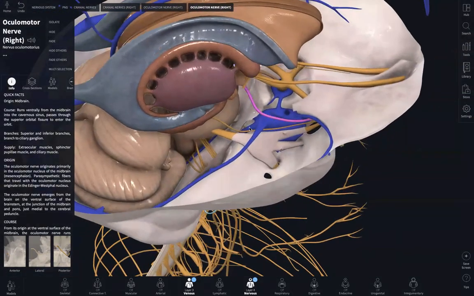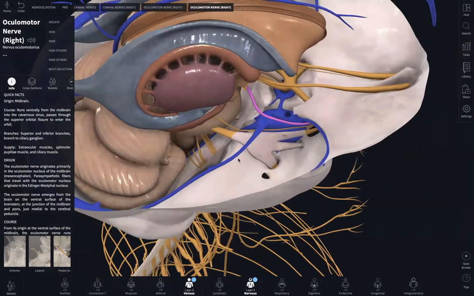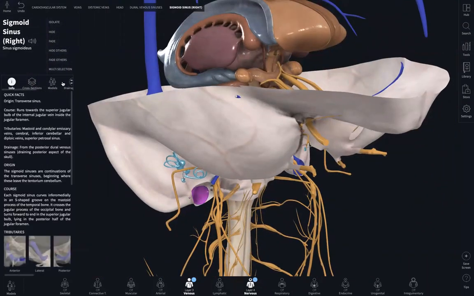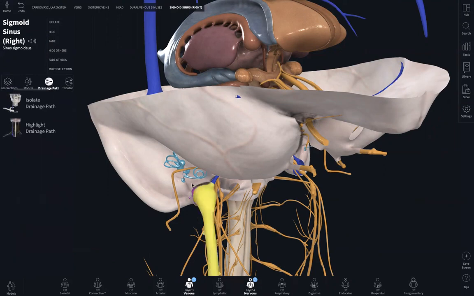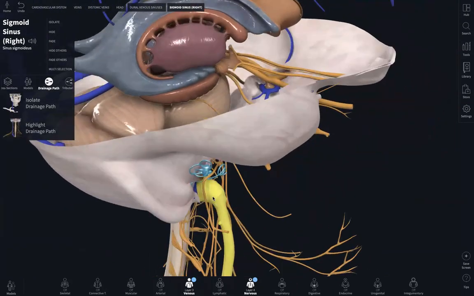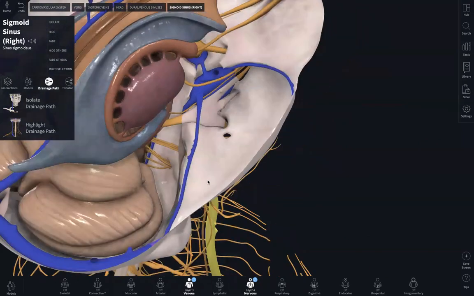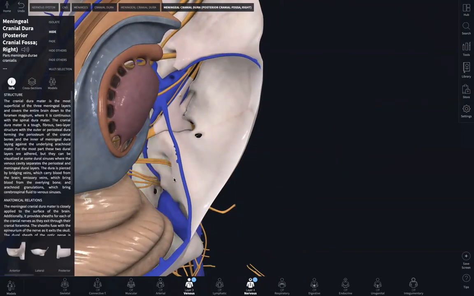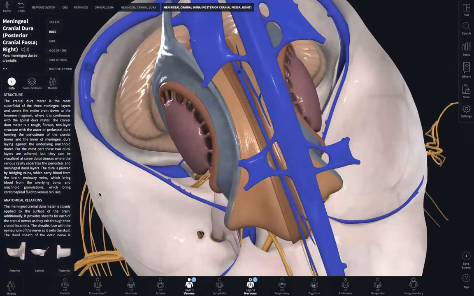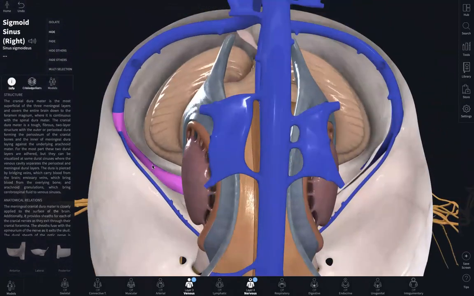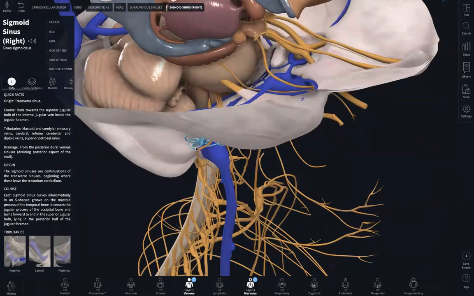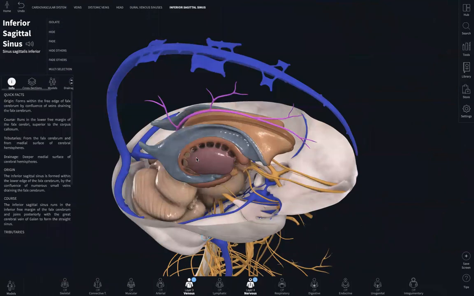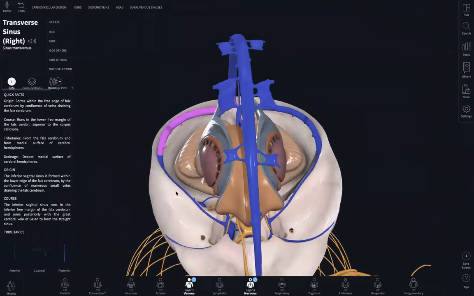And then it all eventually flows out via your internal jugular vein. So if we highlight the drainage path, there it is, your internal jugular vein. And if we remove some more of this, you can see where that drains out via the sigmoid sinus down there. So we have superior and inferior sagittals, transverse.